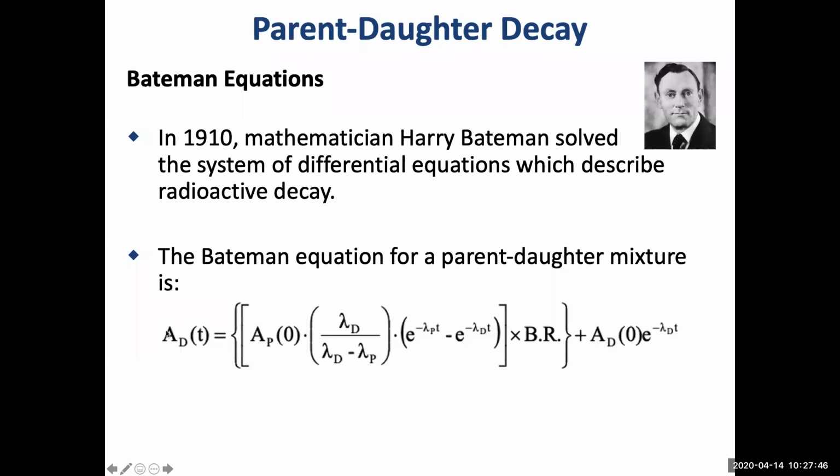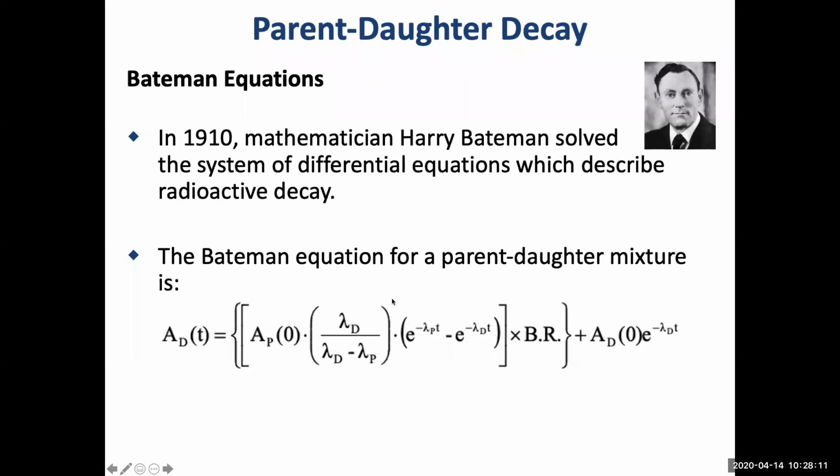This is the activity of the daughter, and the parent-daughter relationship inside the sample. Here is the activity of the parent, the decay constants of parent and daughter, multiplied by the decay factors, and this is the branching ratio. This is a long and complicated equation.